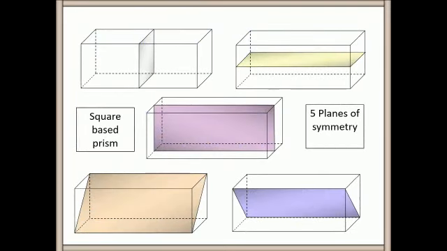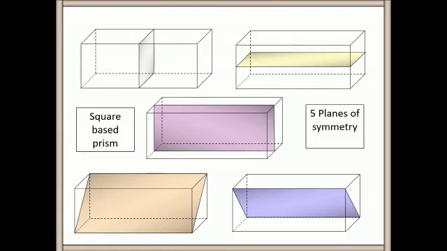The total is 5. 1, 2, 3, 4, these are the line symmetries, the two diagonal-wise ones. In the square based prism, the square can be divided diagonally, it is also line symmetry. In the cuboid it is not possible. So make it clear what the difference is between the cuboid and the square based prism. The cuboid has 3 planes of symmetry, and the square based prism has 5 planes of symmetry.